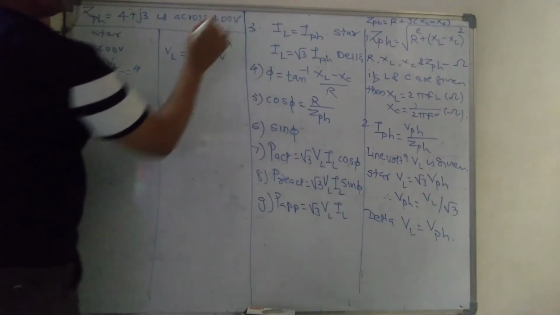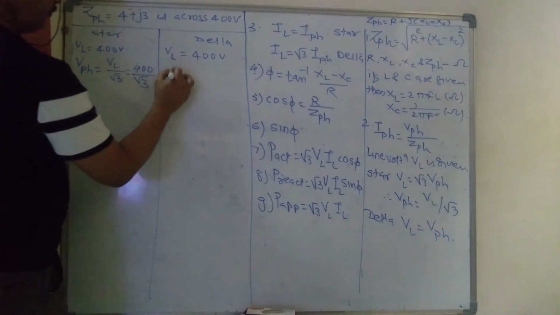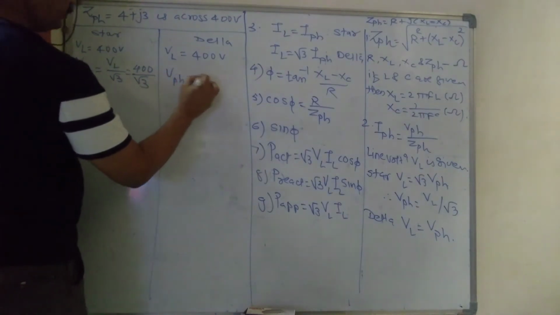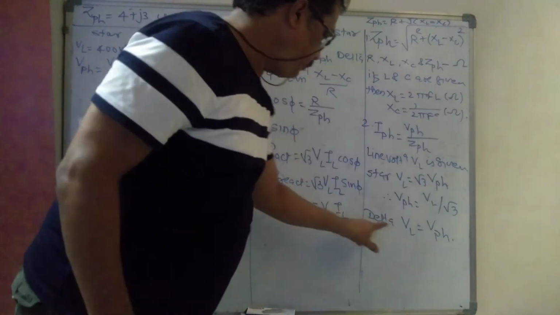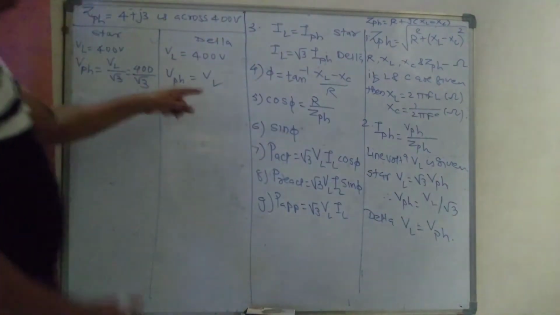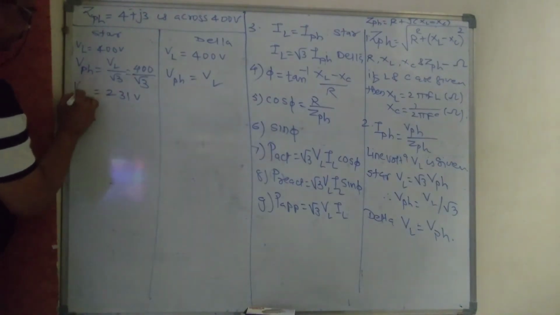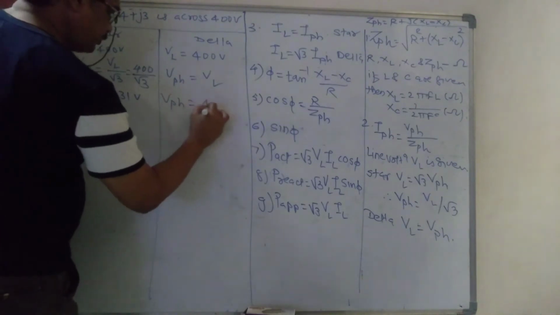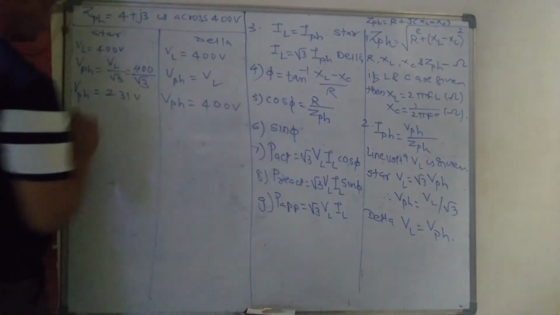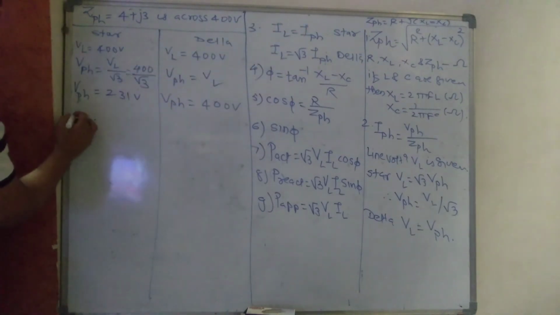For star, VPH is VL upon root 3. For delta, VPH is equal to VL. So 400 by root 3 is 231 volts. And here VPH is equal to VL, means 400. Right? So now first answer.